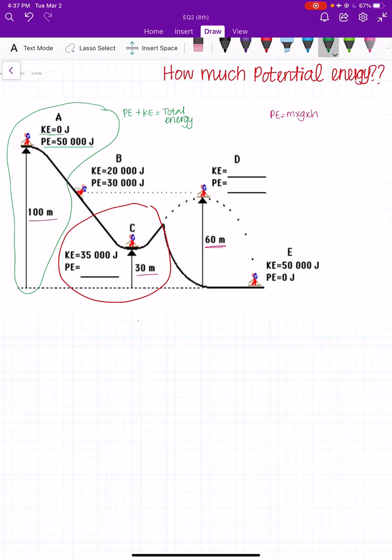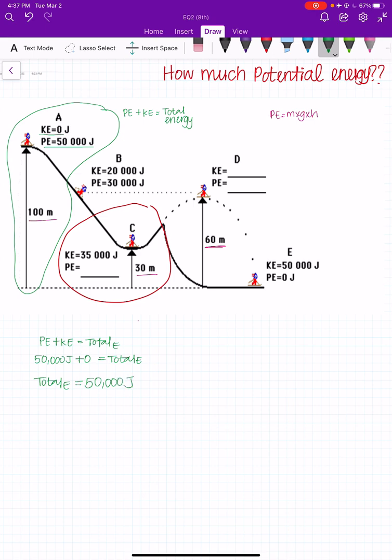So if right now we know that PE plus KE equals total E, then up here I can say that potential energy, which is 50,000 joules, plus 0 equals total energy. Then I know that my total energy in the system is 50,000 joules, right?